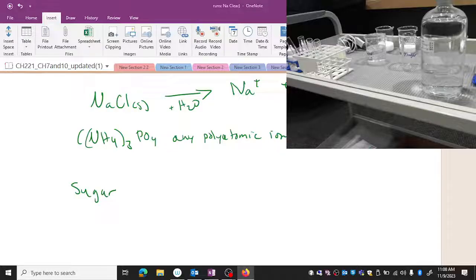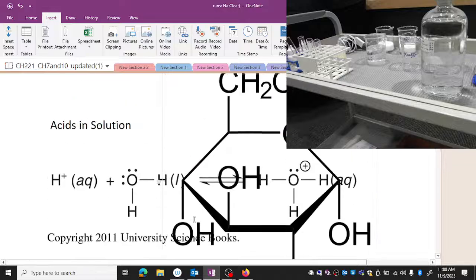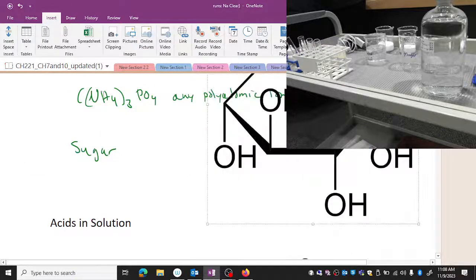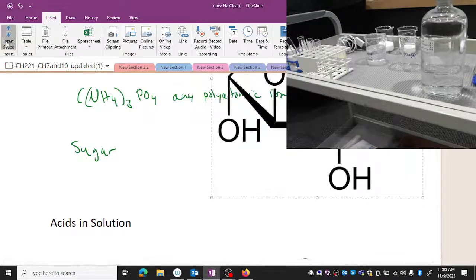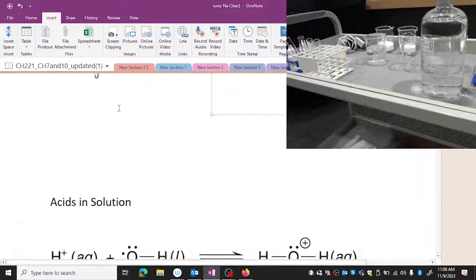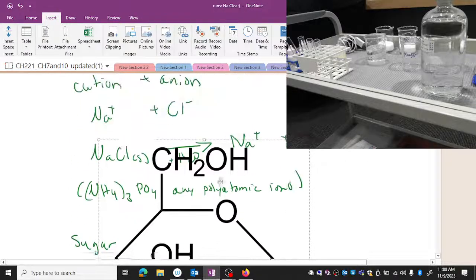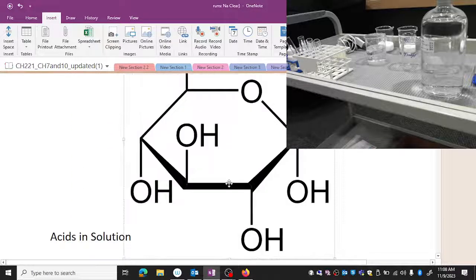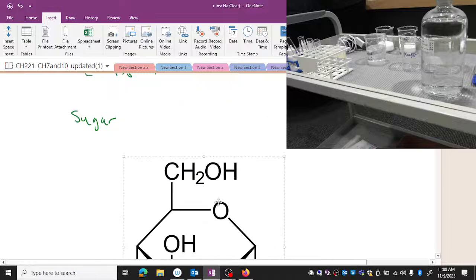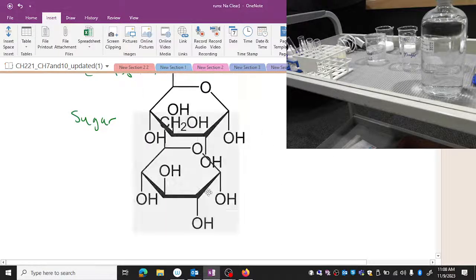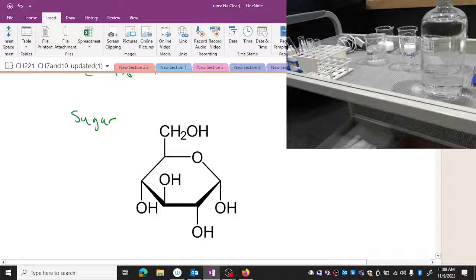Plus, there's all the little stereochemistry, and I don't want to do the stereochemistry. Oops.